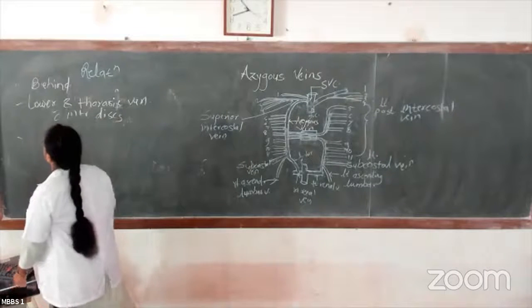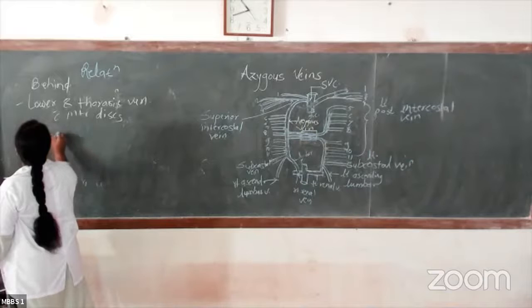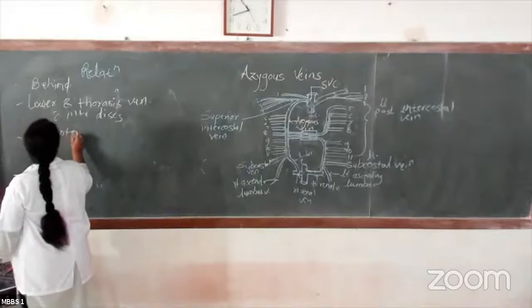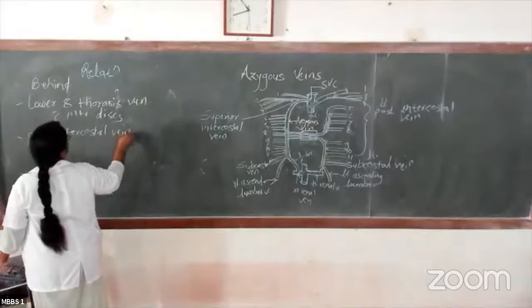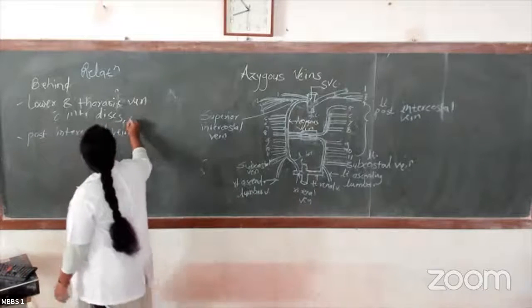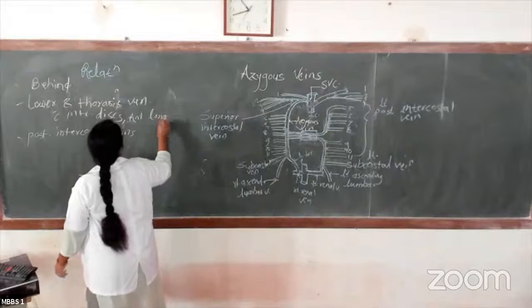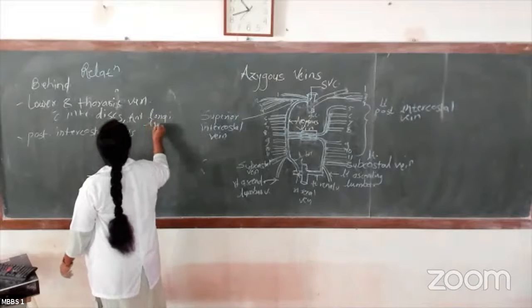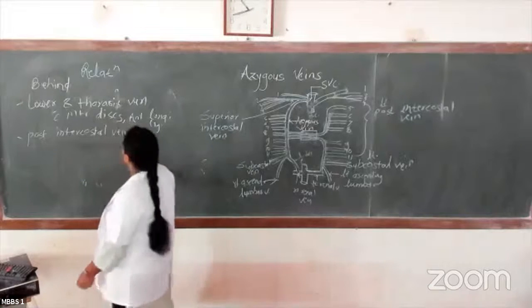Again, posterior intercostal veins of right side. Here one there is the anterior longitudinal ligament also. And here the posterior intercostal vein.